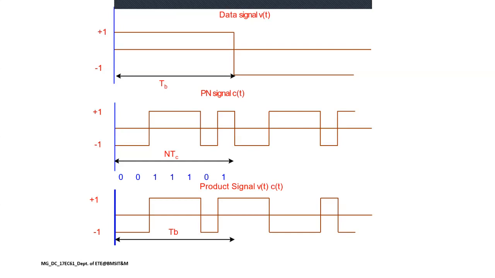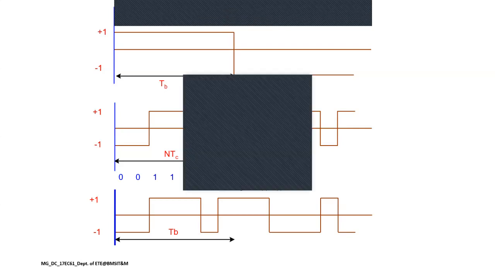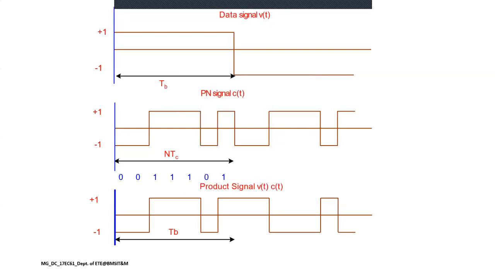Yes, sir. So it is a very simple operation. Just multiplying the information signal, which means the binary sequence, with the pseudo noise code, I get the product signal. Then I will be modulating through BPSK.